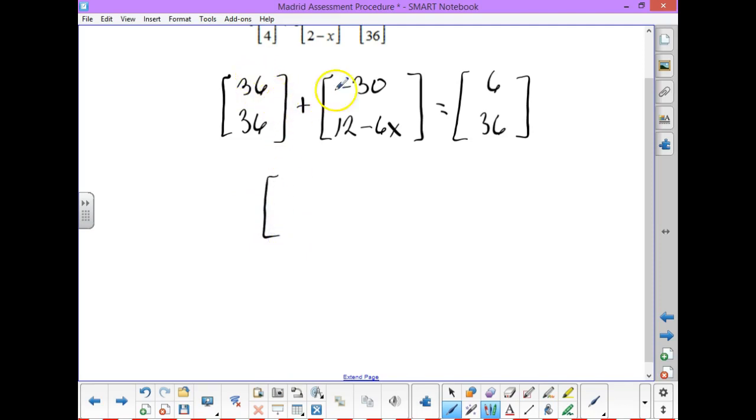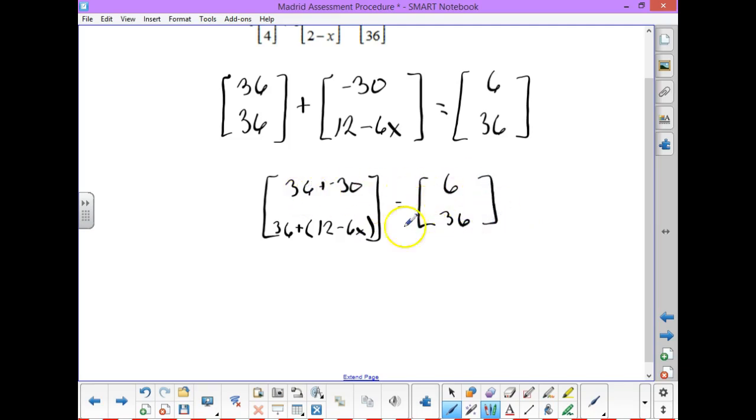I've got 36 plus negative 30 equals 6. So that's true, that checks out. This next one I have 36 plus 12 minus 6x, and then there's a 36 here.